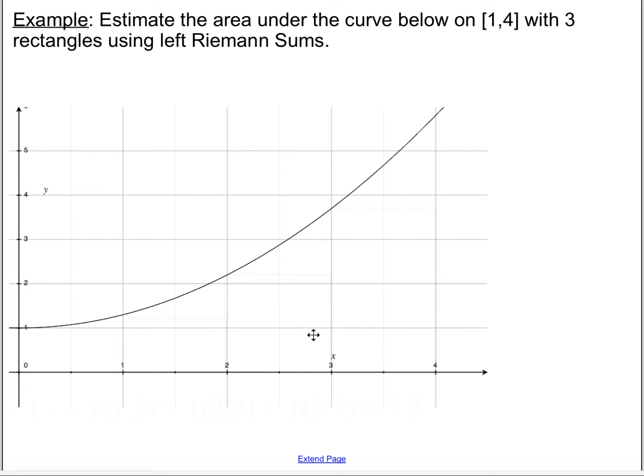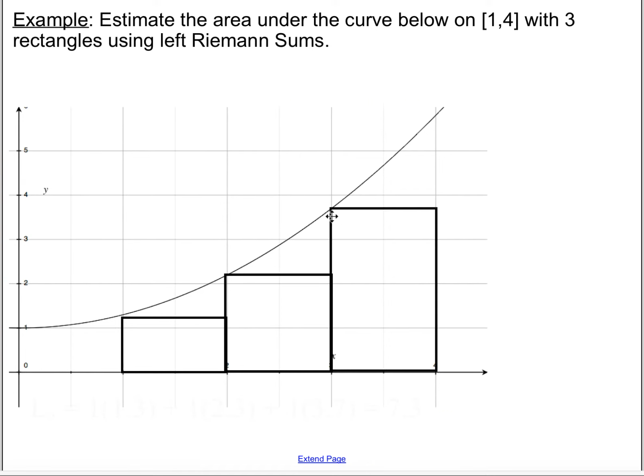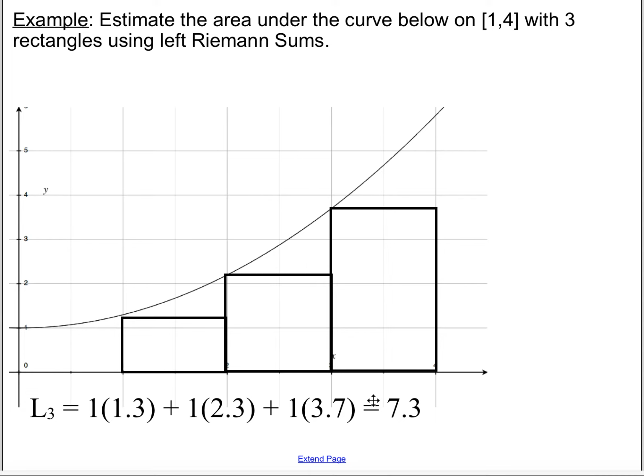Going from 1 to 4, my width is going to be 1, and my heights are at 1, 2, and 3. With a width of 1, I can factor that out, and then I just estimate the height at each point where my rectangles hit the curve. I estimated about 1.3, 2.3, and 3.7. When I add those together, I get 7.3.